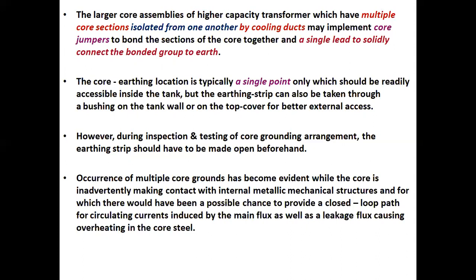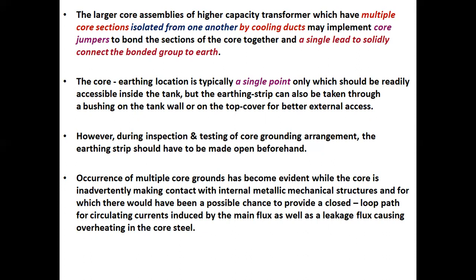Again, I repeat, the larger core assemblies of higher capacity transformers which have multiple core sections isolated from one another by cooling ducts may implement core jumpers to bond the sections of the core together, and a single lead to solidly connect the bonded group to earth.